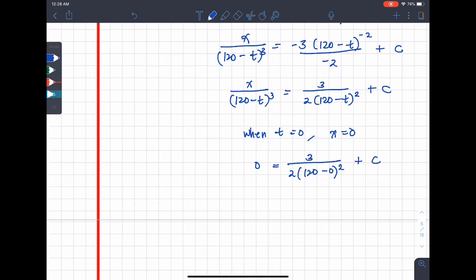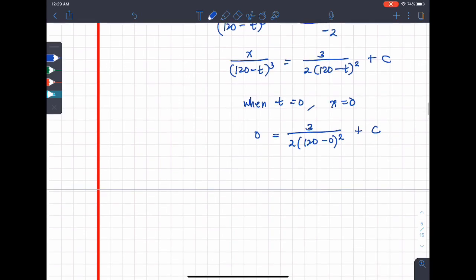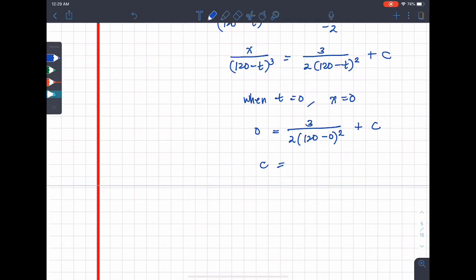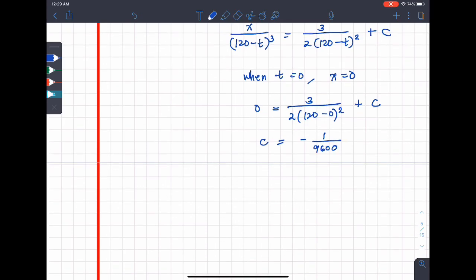Solving for it, 120 squared times 2, and then 3 divided by that. So we'll have c equivalent to negative 1 over 9,600.